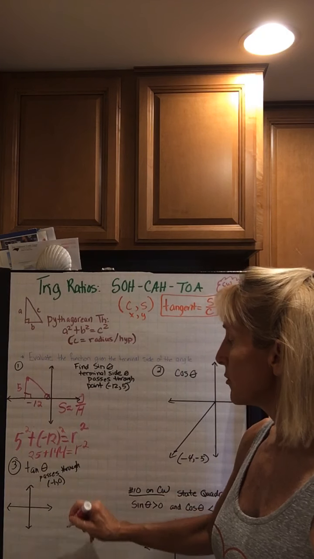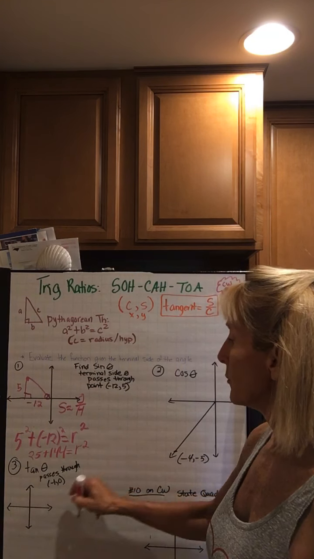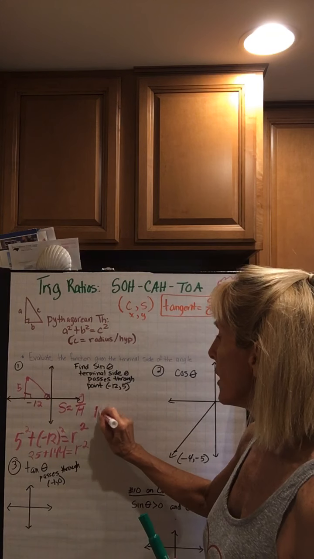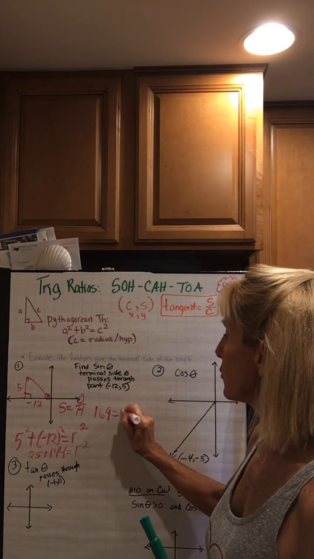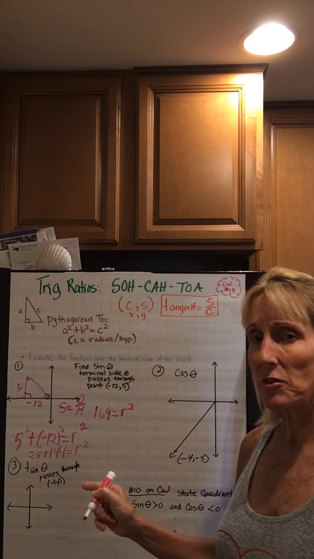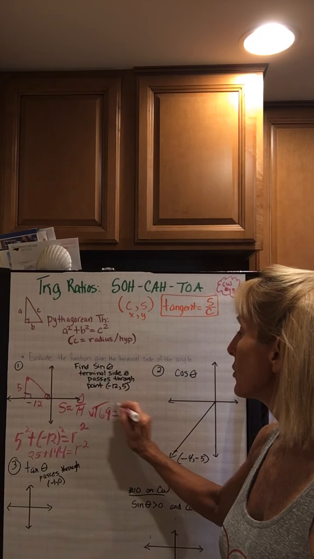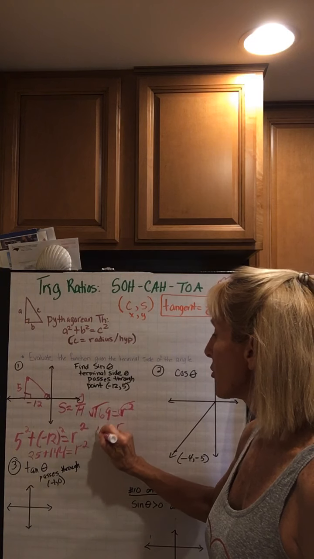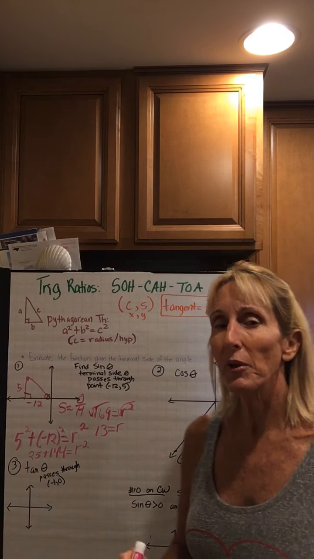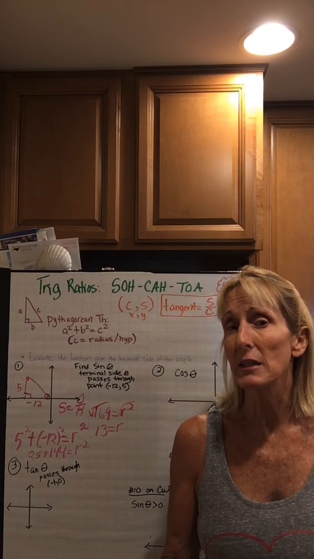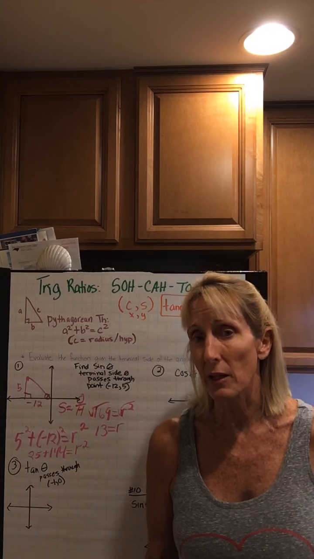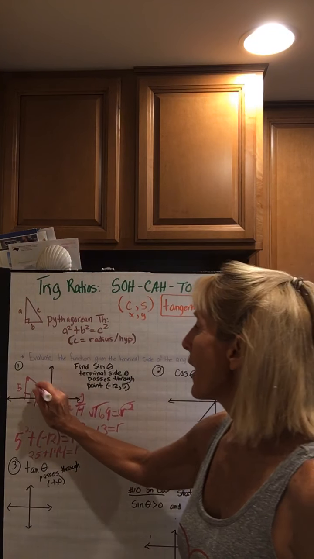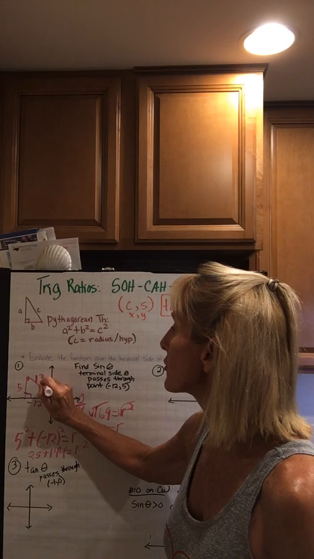Adding the two together, you get 169 equals r squared, and then your last step is the square root of both sides, so your radius equals 13. You don't put plus and minus here because we're talking distance, and distance is never negative. So I know my hypotenuse here is 13.